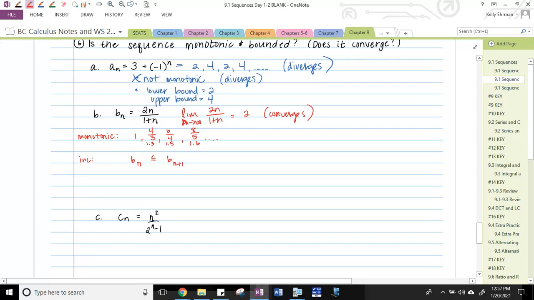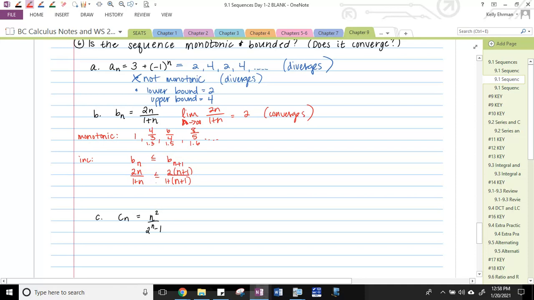Well, how do you test this according to what we have? b sub n is 2n over 1 plus n. b sub n plus 1 would be putting n plus 1 in for n in the sequence, so 1 plus n plus 1. Now what am I looking at?